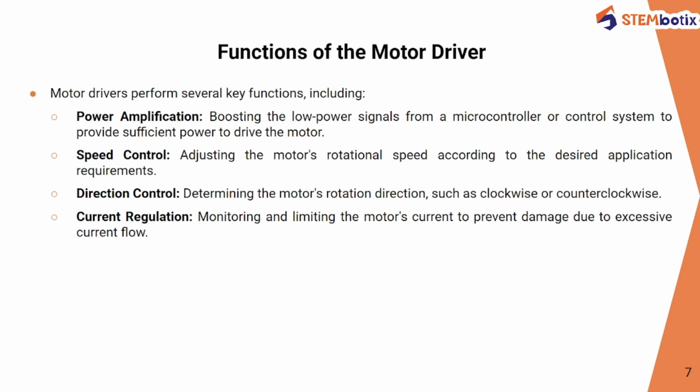The fourth is current regulation, means monitoring and limiting the motor's current to prevent damage due to excessive current flow, means sometimes there are cases of overcurrent. These kinds of risks or damages can be reduced using the motor driver, because the motor driver is there to monitor and limit the current to the motor. So these are the different functions which are done by a motor driver.